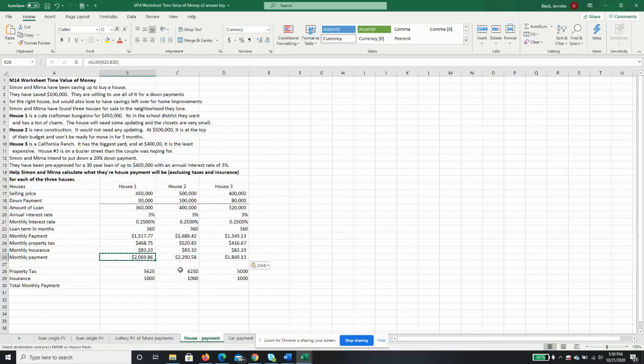House 2 would be $2,290.50, and house 3 would be $1,849.13. Obviously, if interest rates change, 3% is an awesome interest rate. They could go up at some point, but they've been low for quite a while. So you can see there's a big difference there, mostly due to the property tax.